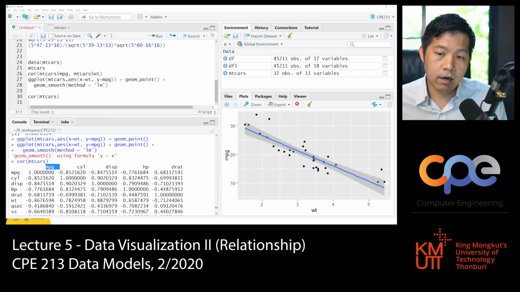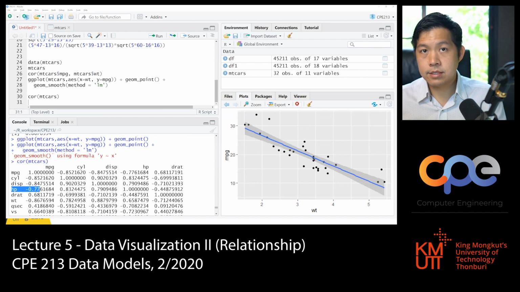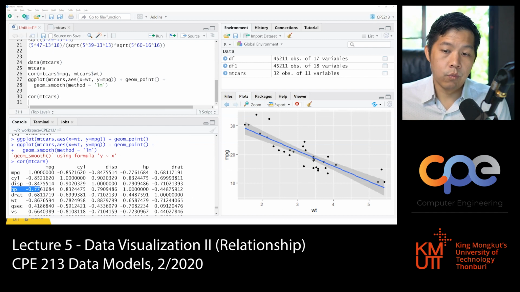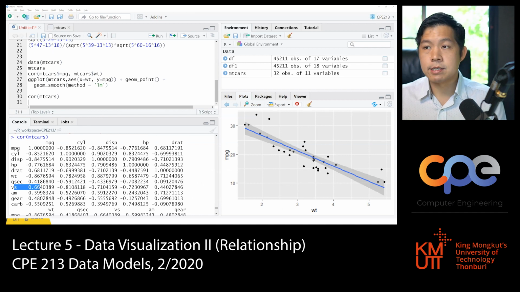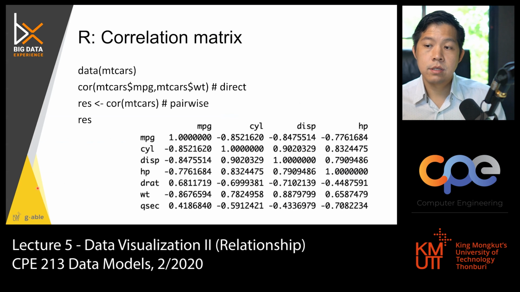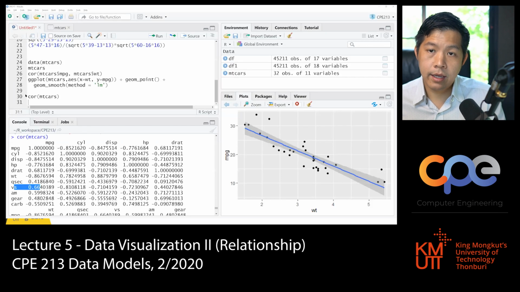MPG and horsepower is minus 0.77, with the weight it is minus 0.87, and with something else like the cylinders or VS it is on the positive side. So this is a way that you can use cor to determine correlation, and this I can assign to a result.